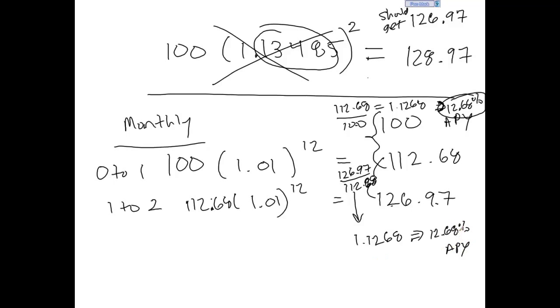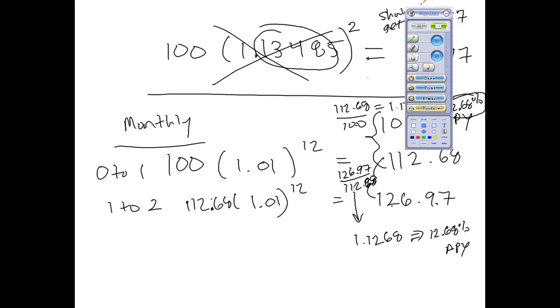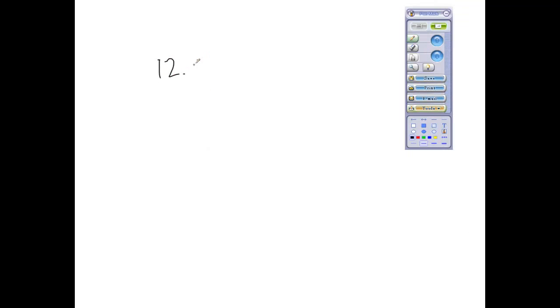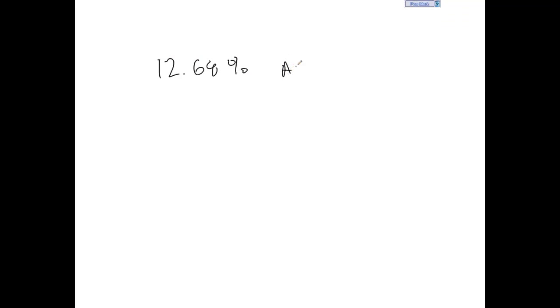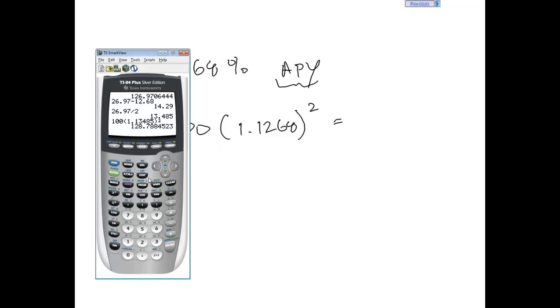So my annual percentage yield is actually a little bit easier. I don't have to actually do any roots or anything like that, because from 1 year to the next, my percentage change will actually be the same. So 12.68% APY. And let's just verify this. Let's just double check. If I take 100 at 12.68%, my annual yield, and I do this for 2 years, I should get $126.97.